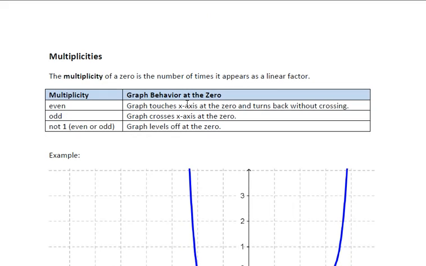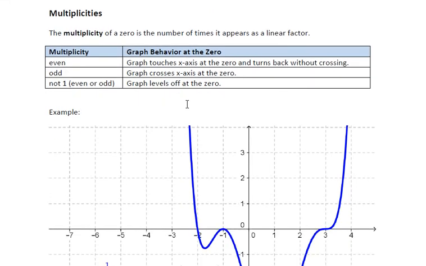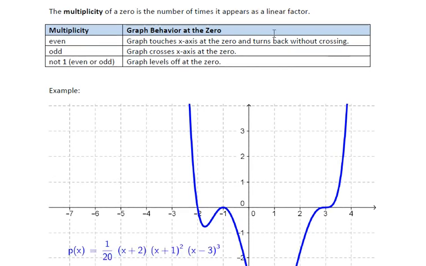Multiplicities. The multiplicity of a 0 is the number of times it appears as a linear factor. Multiplicities affect the behavior of the graph at the zeros. And this table summarizes this behavior.